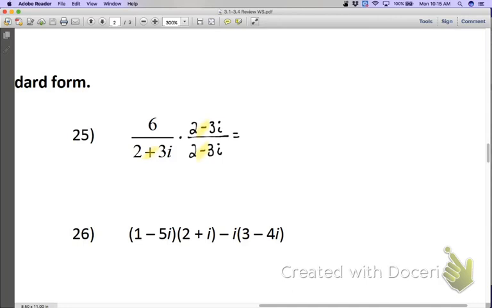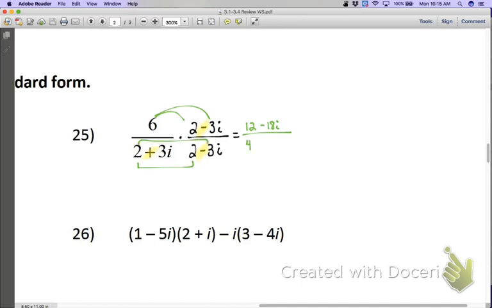So then I'm going to multiply on top, so I'm going to take 6 times 2 and get 12. I'm going to take 6 times negative 3i and get negative 18i. On the bottom side, you can multiply everything out. I'm going to have 2 times 2 is 4.